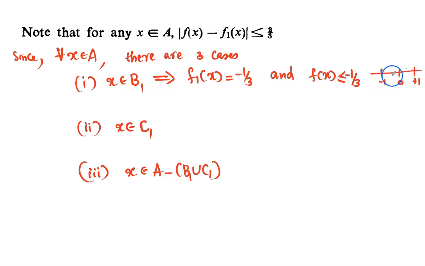So, f(x) is less than or equal to -1/3 and f1(x) is equal to -1/3. So, f(x) will be in this interval and f1(x) is equal to -1/3. So, the distance between these 2 points f(x) and f1(x) will be at most 2/3.